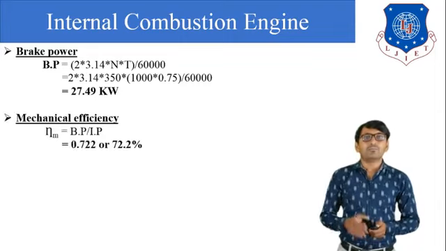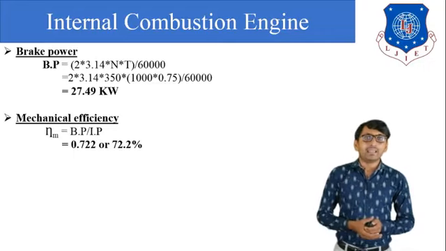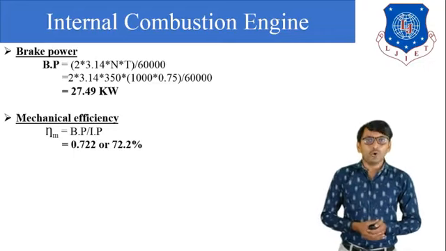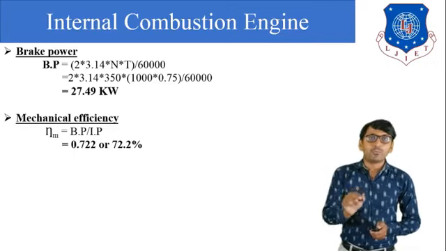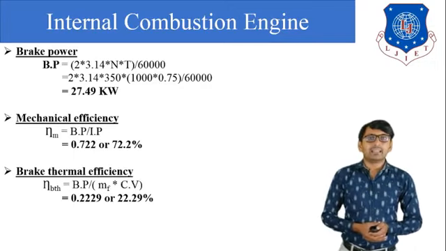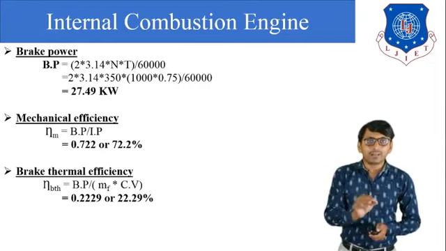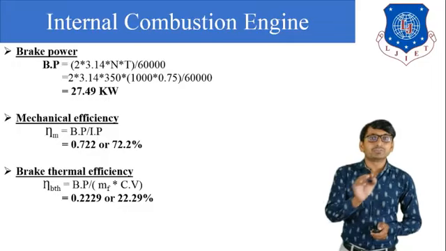Then mechanical efficiency, that is brake power divided by indicated power. So by putting the values of brake power and indicated power from the above steps, we get 0.722 or 72.2%. Then brake thermal efficiency, that is eta BTH. So the formula is brake power divided by MF into CV.